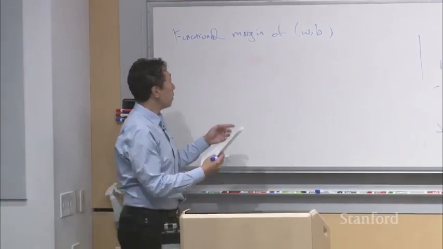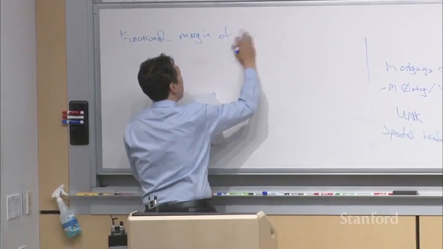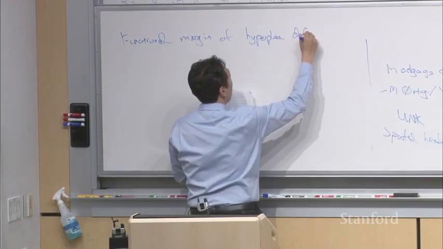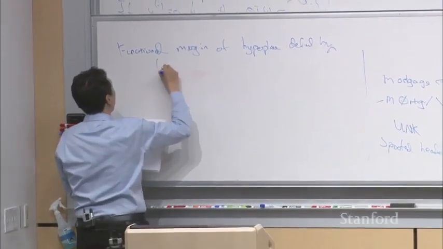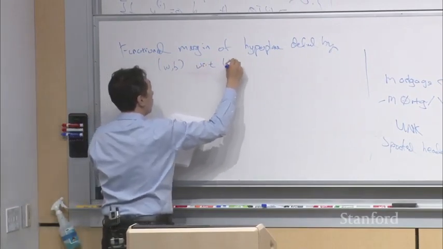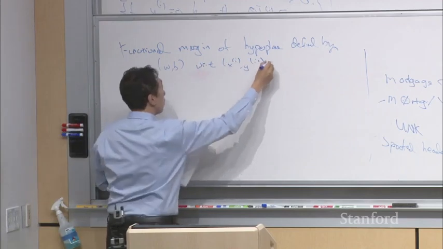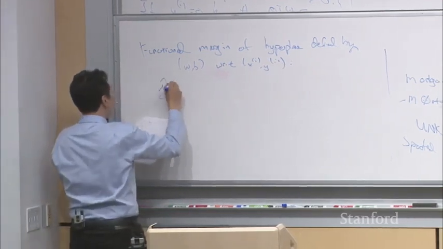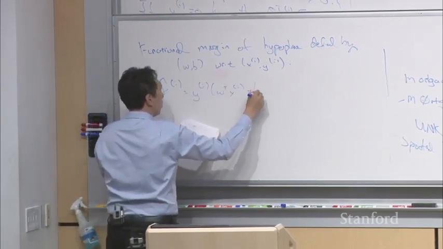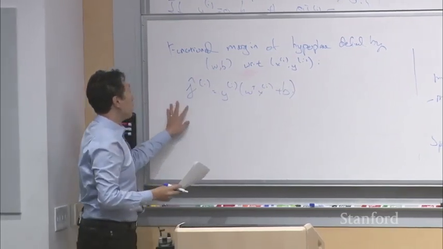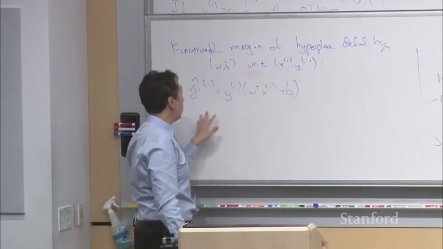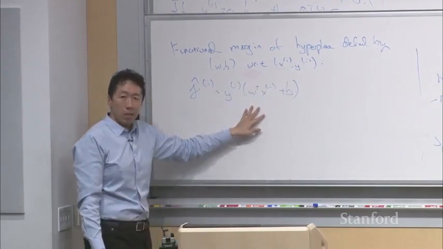And so we're going to say the functional margin of the hyperplane defined by this, with respect to one training example, we're going to write as this.